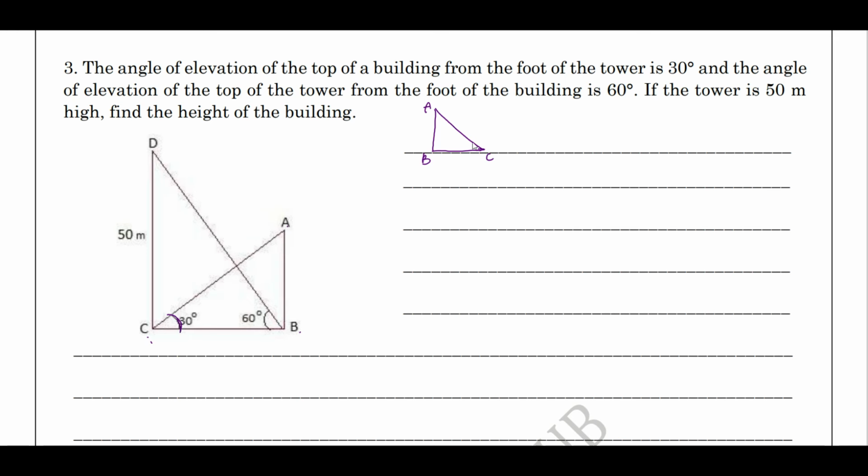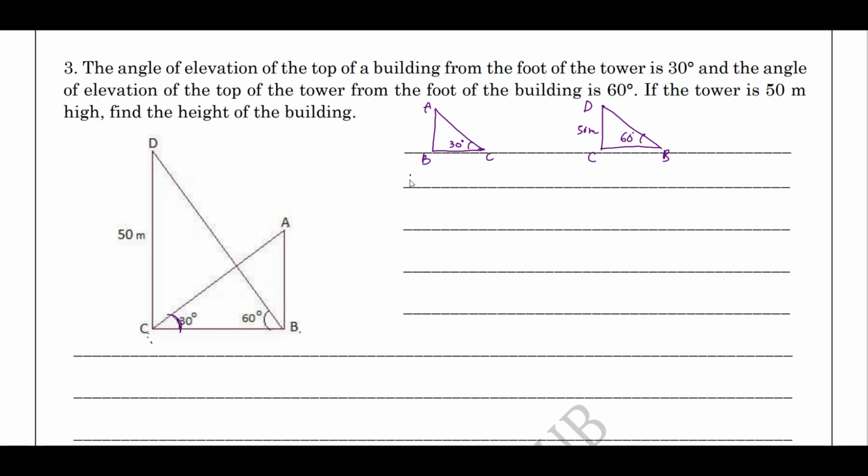In the same way, right angle triangle DCB. BC and CB are same. Now DC is 50 meters. Angle of elevation is 60 degree. The common side is BC, and that will be connecting these two right angle triangles.